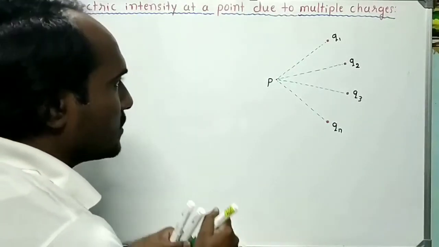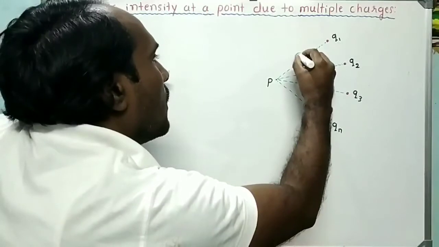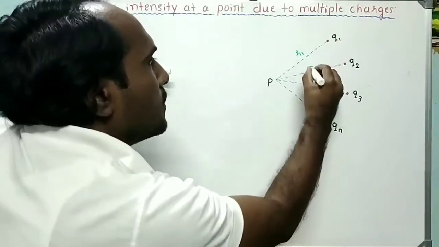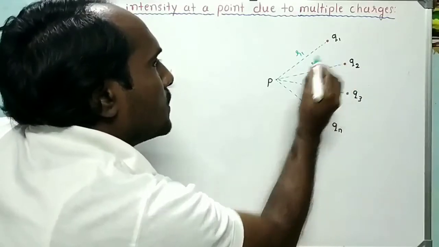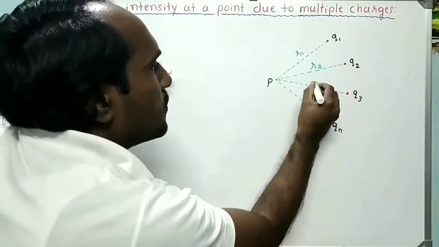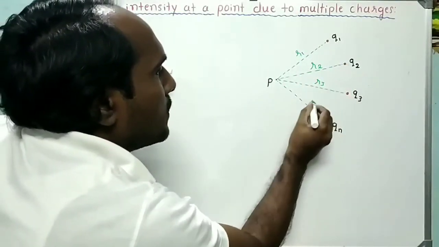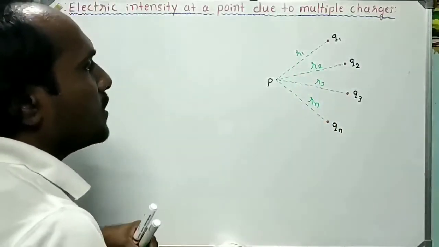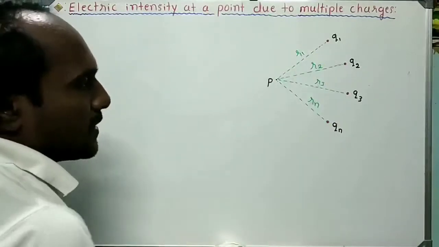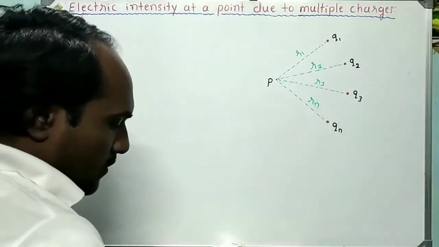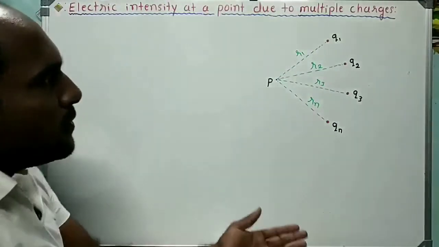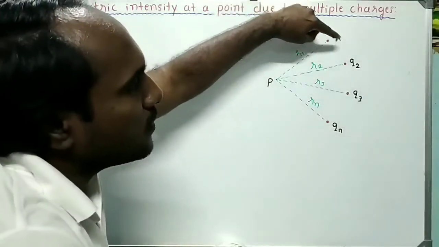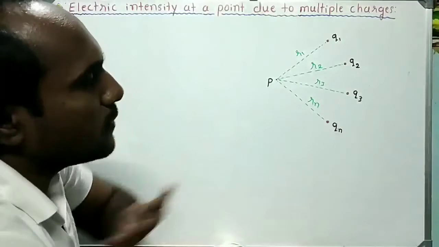Here I will consider R1 as the distance of the point P from Q1, R2 as the distance of the point P from Q2, similarly R3 and Rn. These are the distances of the point P from the respective charges. My dear students, I have considered n number of charges Q1, Q2, Q3 up to Qn.